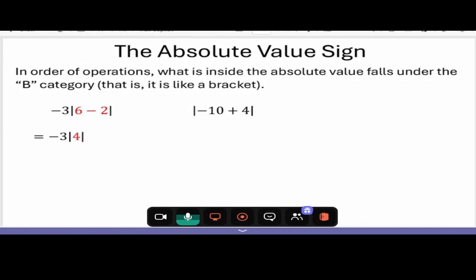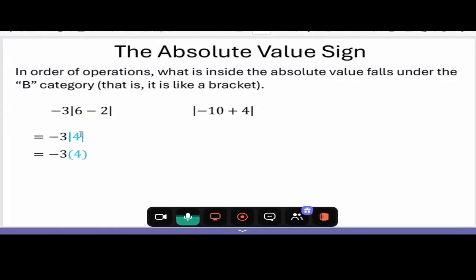So you can see in red there, I worked out what is inside the absolute value. Now I evaluate what is the absolute value of 4. Well, the absolute value simply makes what's inside of it positive. Now, what I want you to notice here is that the -3 out front just stays there, right?